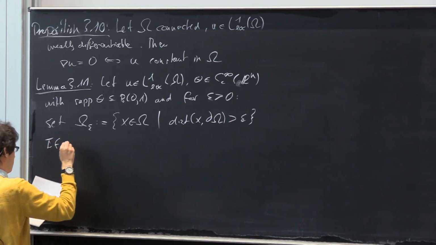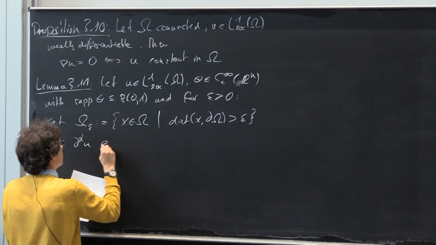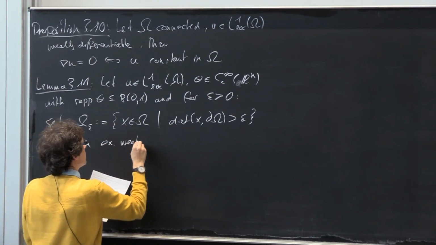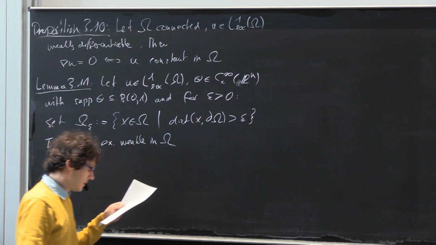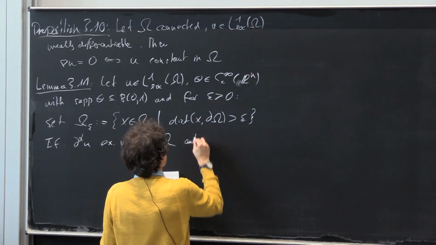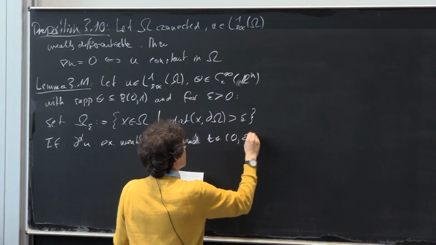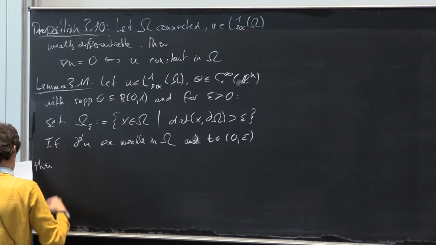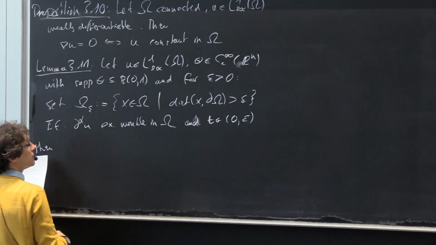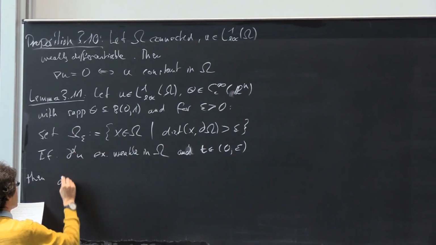Unboundedness doesn't matter now. And then, if u is weakly differentiable in omega, for some multi-index alpha, and you take a t that is less than epsilon, then at least in omega 2 epsilon you can do what you want.